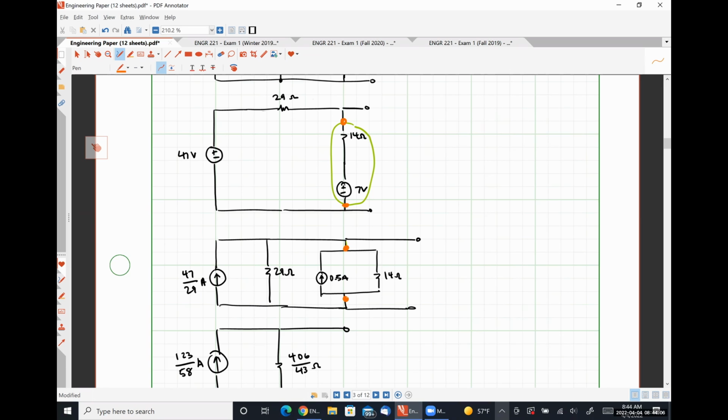I took that practical voltage source out and then replaced it at those terminals with the practical current source. Then I observed that that places the 1/2 amp current source in parallel with our normal looking current source on the left-hand side. Similarly, the 14 ohm resistor gets placed in parallel with the 29 ohms.